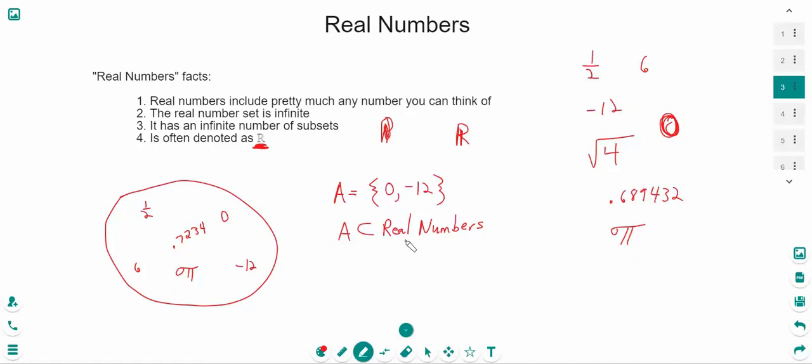That is the symbol that denotes the real numbers. So if ever you see this capital R symbol, know that it is representing all of the real numbers, the real number set. Very good. So let's move on now.